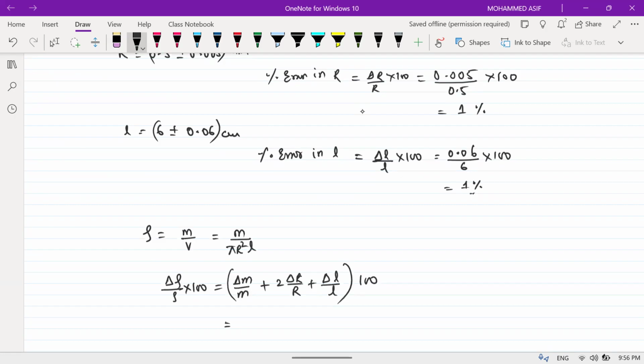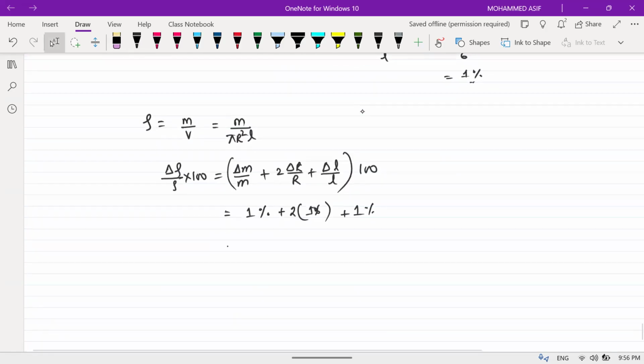So that is 1% plus 2 into 1% plus 1%. So this value will be equal to 1 plus 2 plus 1, that will be equal to 4%. Am I clear? Yes, sir. Very good.